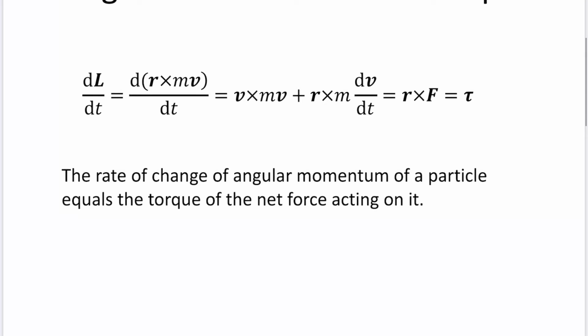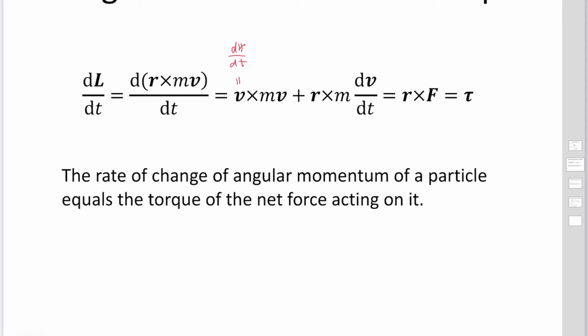Angular momentum and torque are closely related. When you consider the derivative of the angular momentum, you can substitute L equals r cross mv. Then we can use the derivative of the product of two functions. This is the derivative of r cross mv, plus r cross the derivative of v with respect to t.